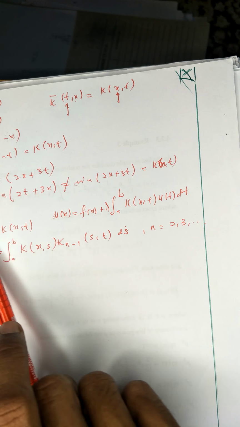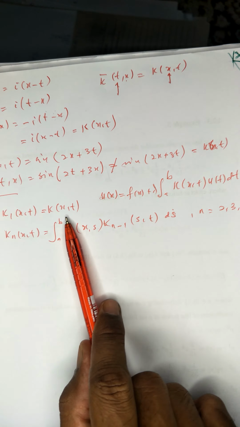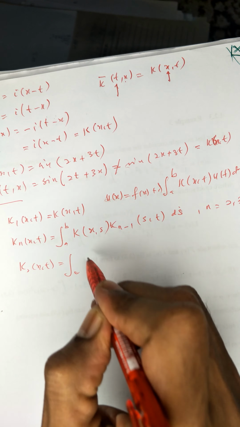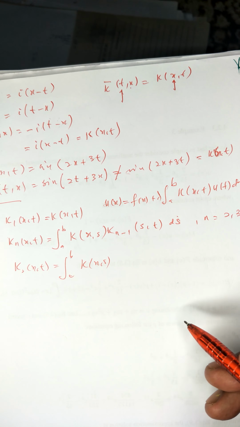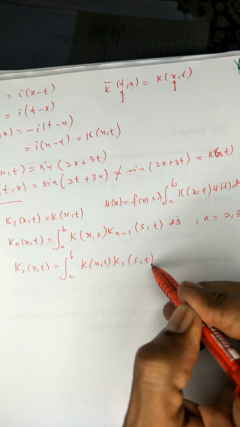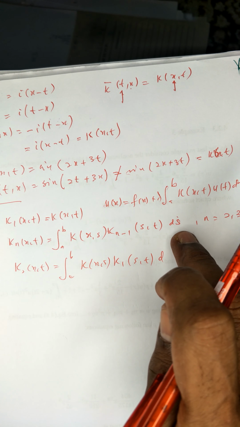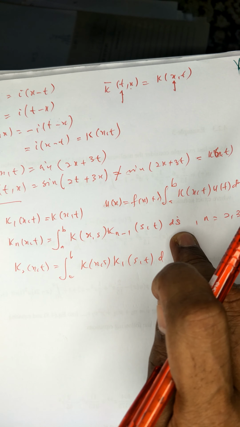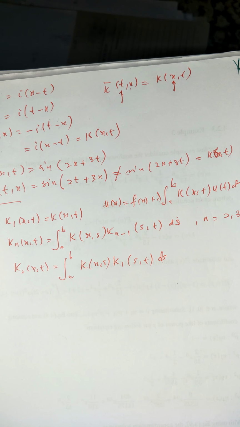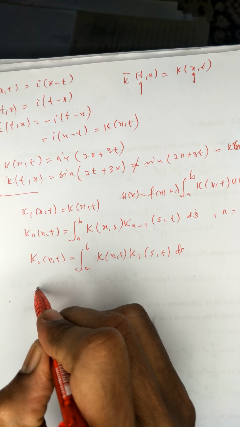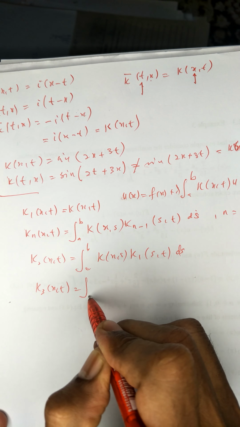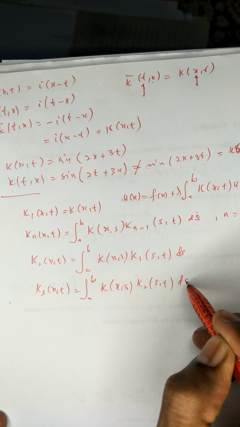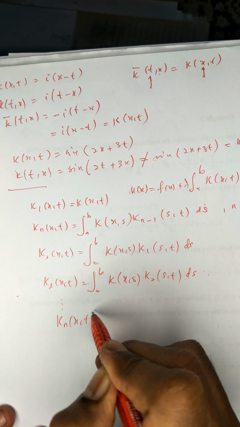Having known K, we choose K1 as K, then we can find K2(x, t) using this formula: integral a to b K(x, s) K1(s, t) ds. Then K3(x, t) is integral a to b K(x, s) K2(s, t) ds, and so on till Kn(x, t).